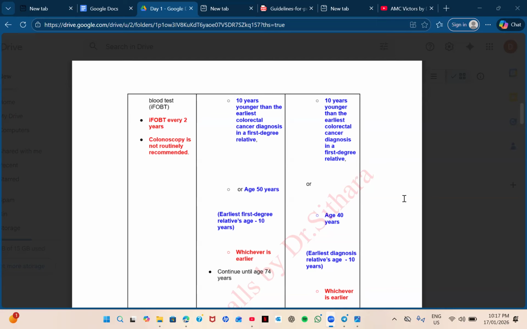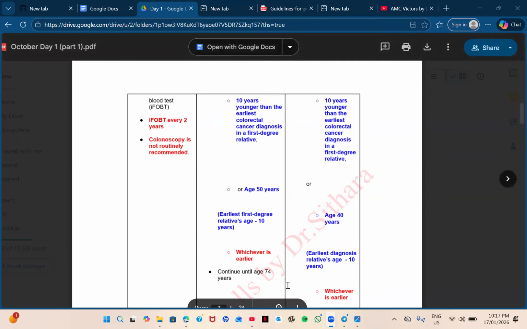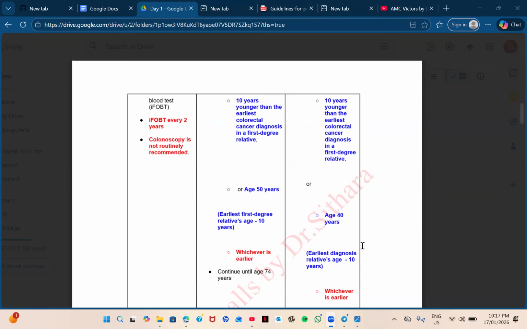So you have to think, okay? Don't confuse, because the screening questions are pure marks. You don't have to think too much. You just need to know the actual guideline points. So you should know these ages, that's the main thing here.